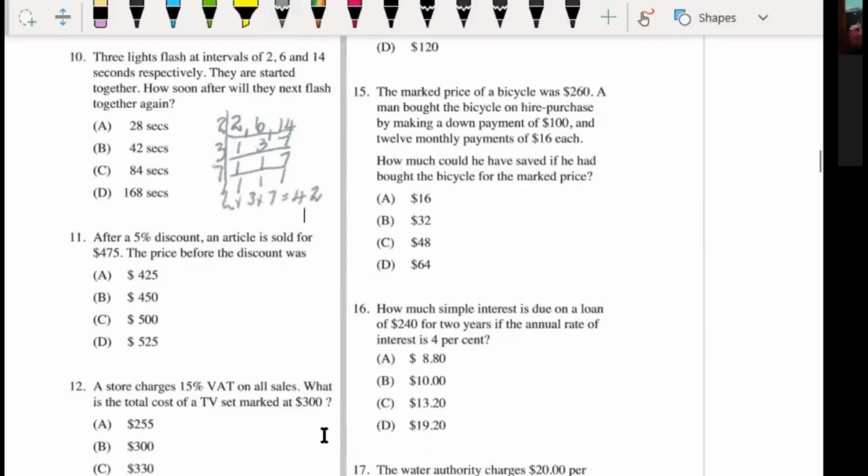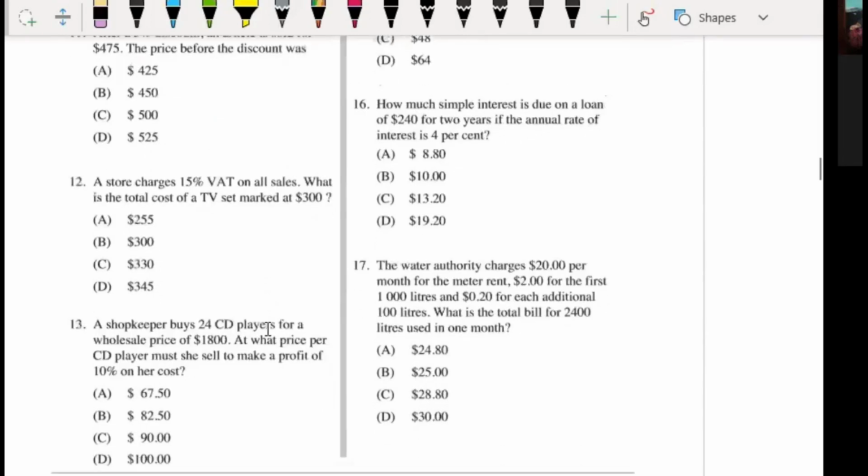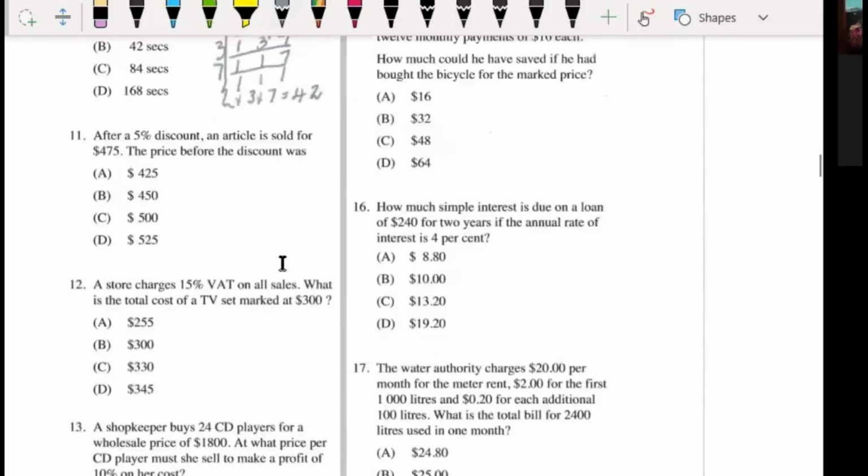Okay, moving on to question 11. After a 5% discount, an article is sold for $475. The price before the discount was.